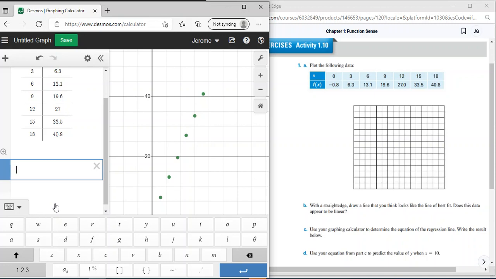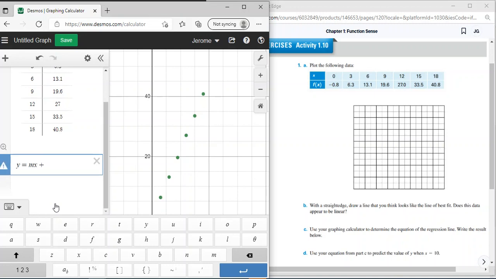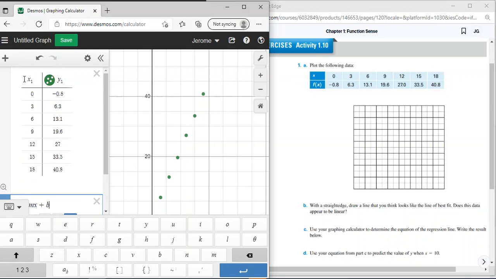First of all, you need to know the slope-intercept form, which we know is y equals mx plus b. Now, we have to tweak this a little bit for the Desmos calculator. First thing, if you look here at your graph, you look here at the x and y, you notice there's sub 1s there.